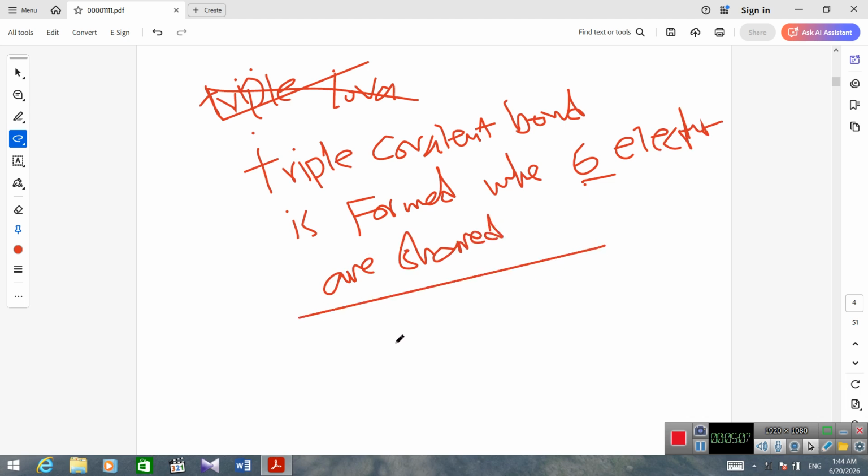For example, atom A has three single electrons, and similarly atom B, we can connect the single electrons together for forming covalent bonds, and the result will be a triple covalent bond.